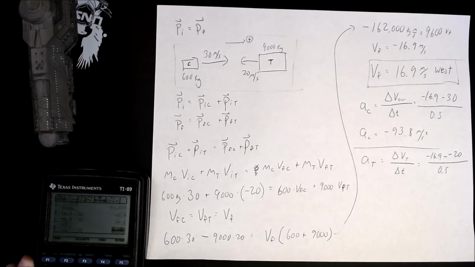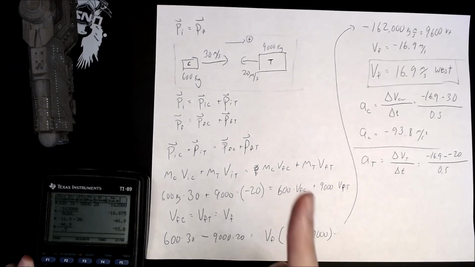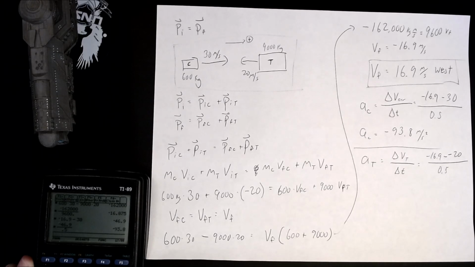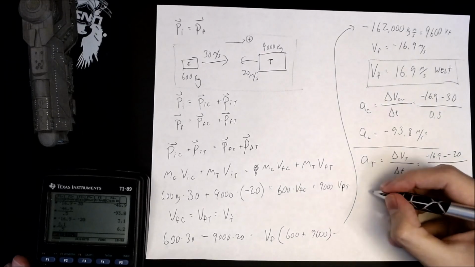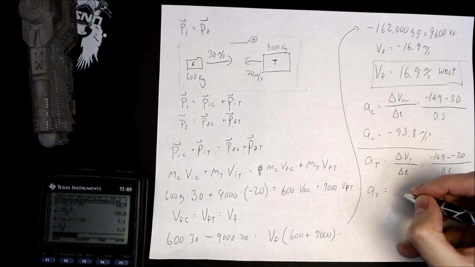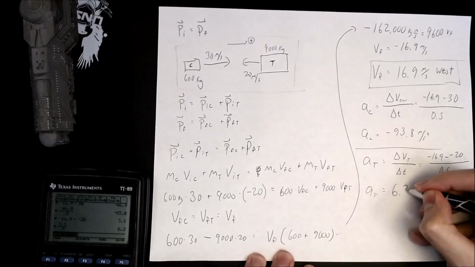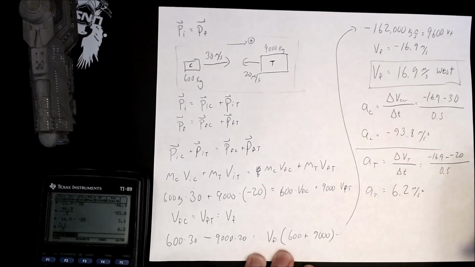Oh, you see what I did? See, I need to check too. I can't just plug these numbers in and expect to always be right. So, always check the numbers. Negative 16.9 minus negative, I was forgetting that negative sign, minus negative 20, 3.1 divided by 0.5. Acceleration of the truck must be 6.2 meters per second squared.